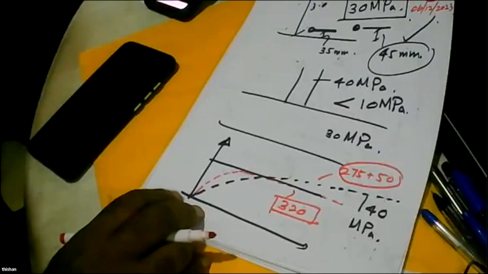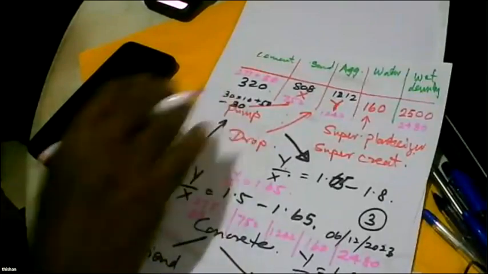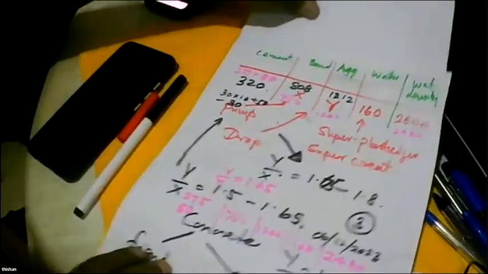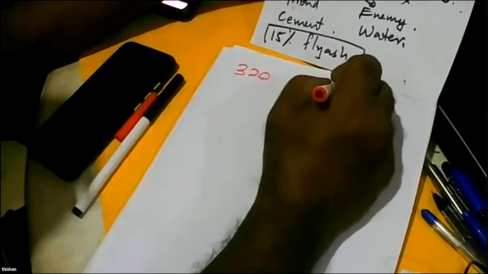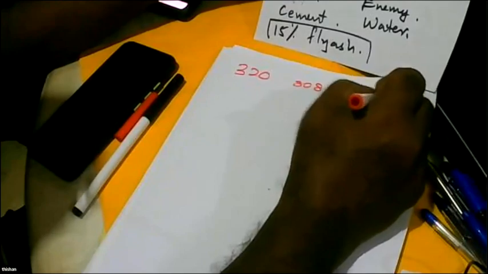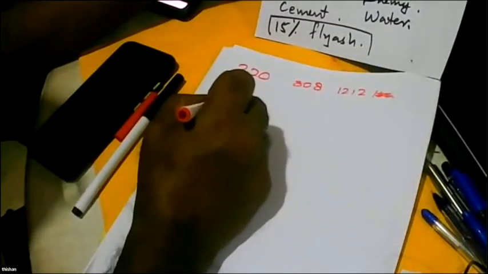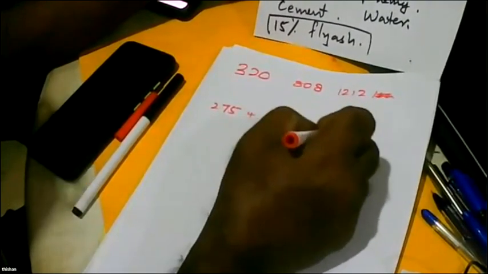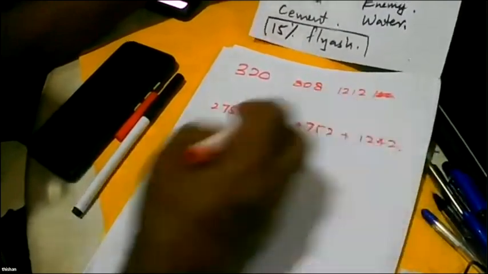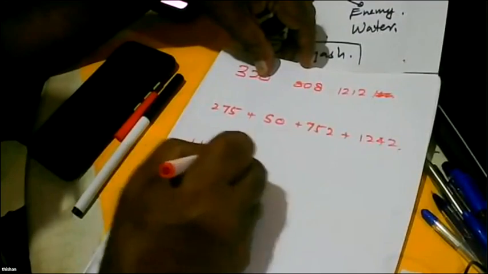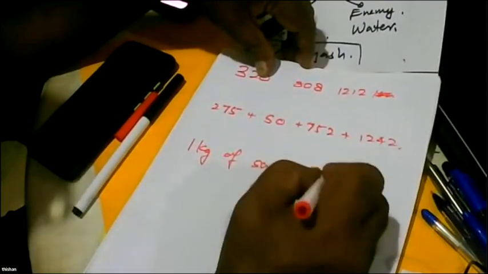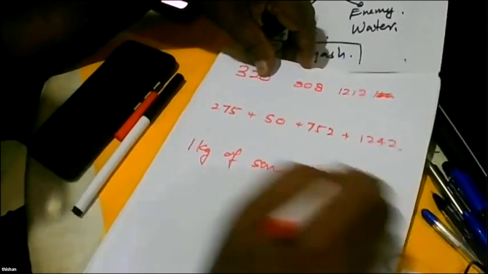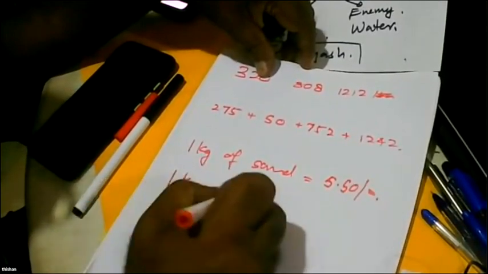So if you are making this concrete at site, what is the cost? So we look at the cost of these two concretes. That will give you a good insight. The first mix is 320 cement, 808 sand, 1212 coarse aggregate, 160 water. Those numbers are not necessary. The other one is 275 cement plus 50 fly ash, 752 sand, and 1242 coarse aggregate.